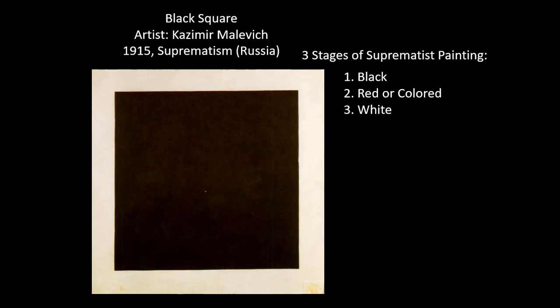Now, how is this achieved? So Malevich's goal was to, and I quote again, free the painting from the burden of the object. Okay, let's think about this. To free the painting from the burden of the object. He found realism and representation to be distracting, right? Because remember, he's looking at purity.